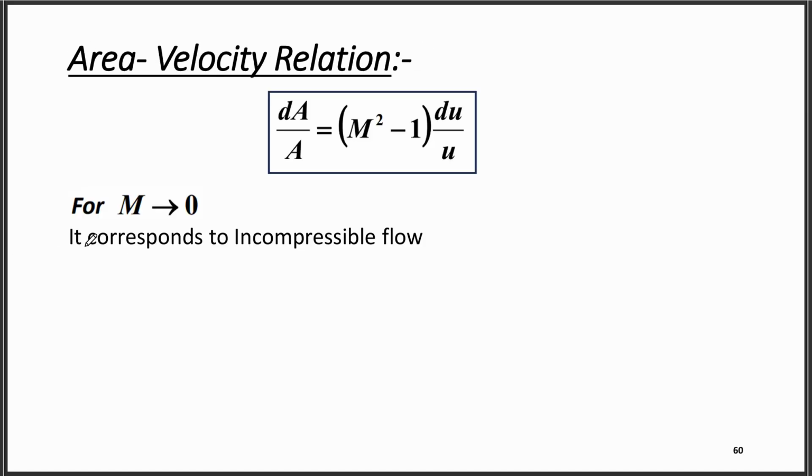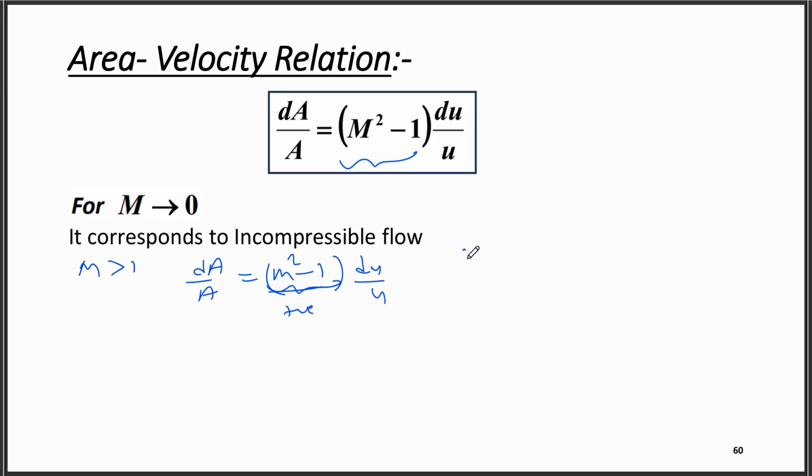Now, first take M greater than 1. For M greater than 1, this term will be positive. I write it here: dA upon A equal to M square minus 1 times du upon u. This term will be positive.